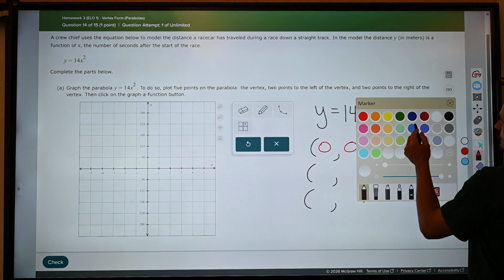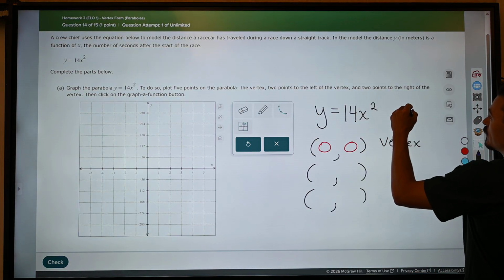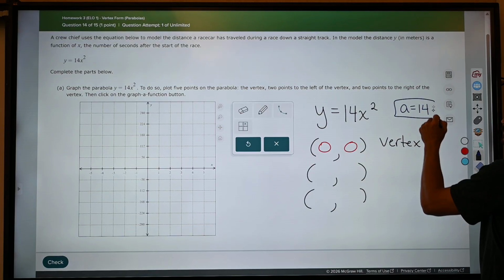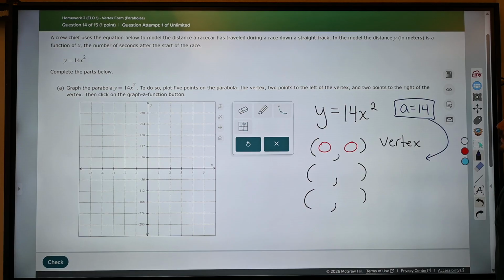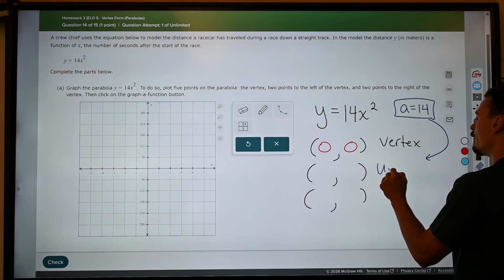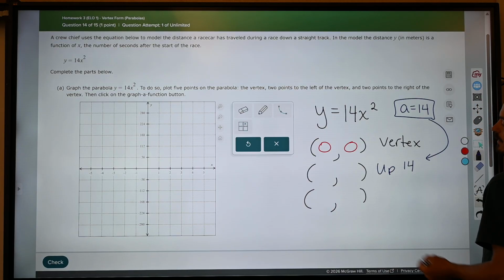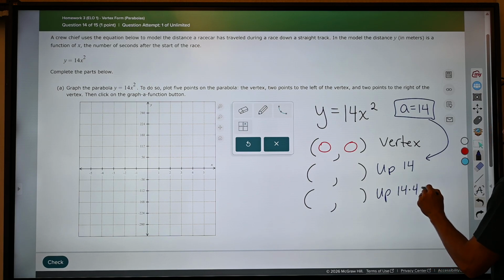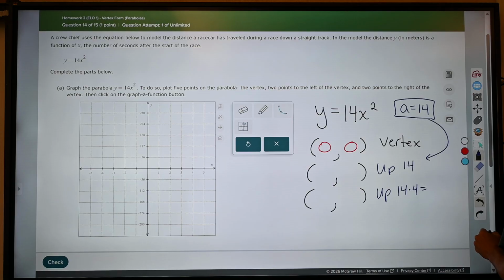Now, we also know that A is equal to 14. So that means from the vertex we're going to go up 14, and then we're going to go up 14 times 4, which is 56.